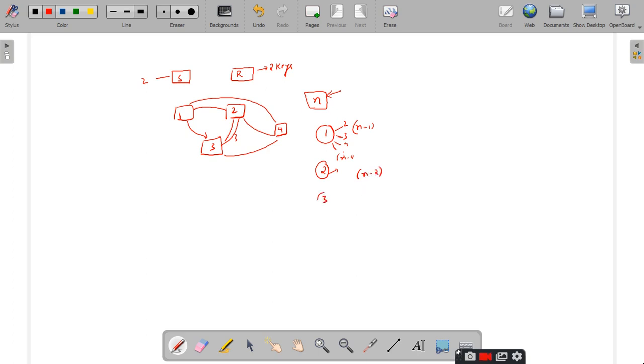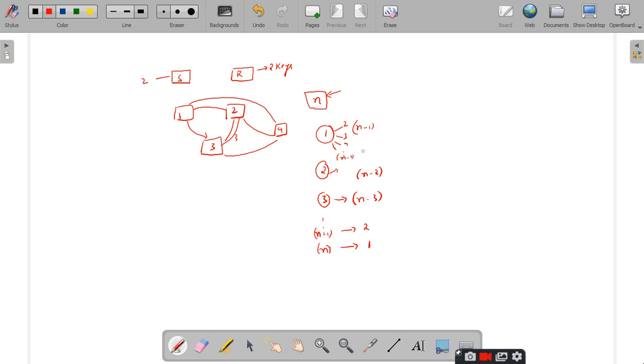And what about the third person? How many keys does he have to generate? n minus 3. And what about the last person? The nth person has only 1. If I take the n minus 1th person, he has to take only 2.